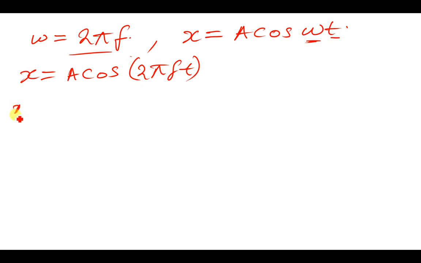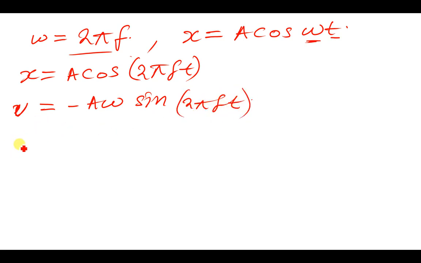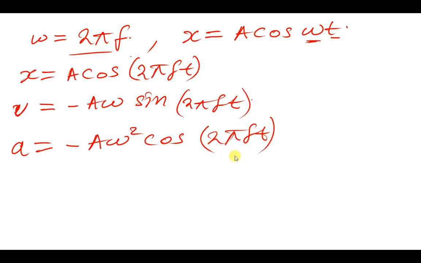The second formula was the formula for velocity, which was negative a omega sine, where wt becomes 2 pi ft. Then we also have the formula for acceleration, which is equal to negative a omega squared, and then we have cos 2 pi ft.